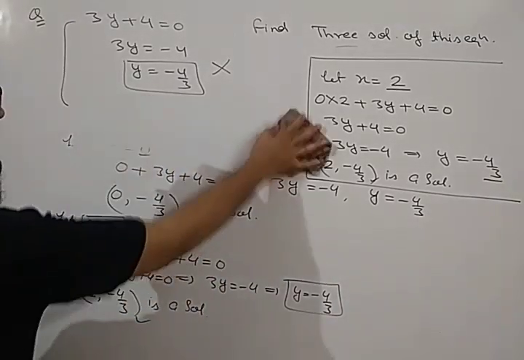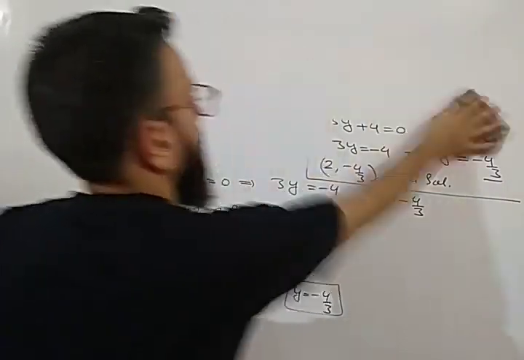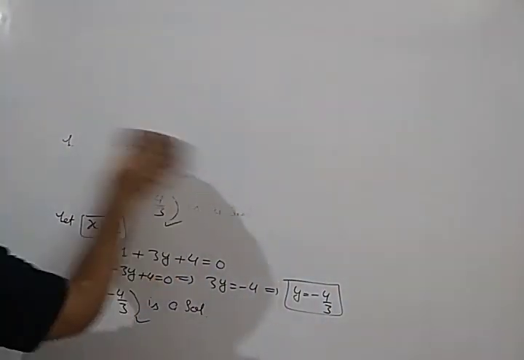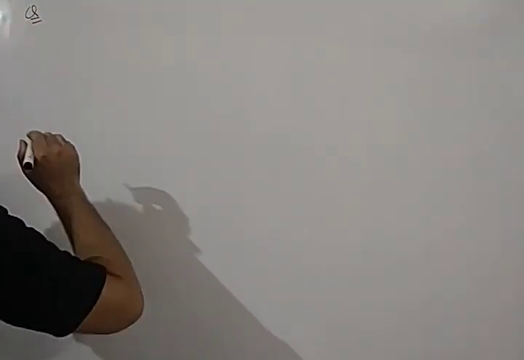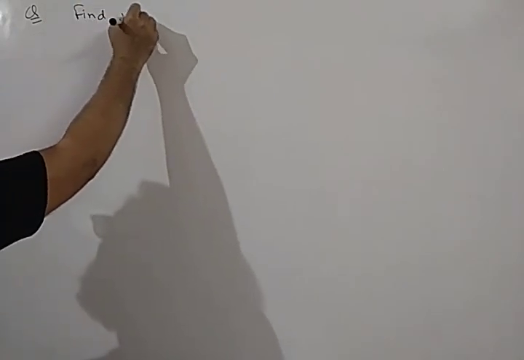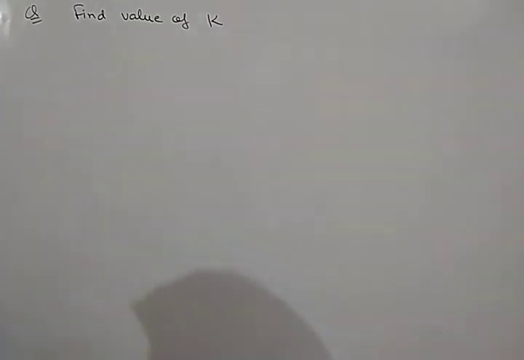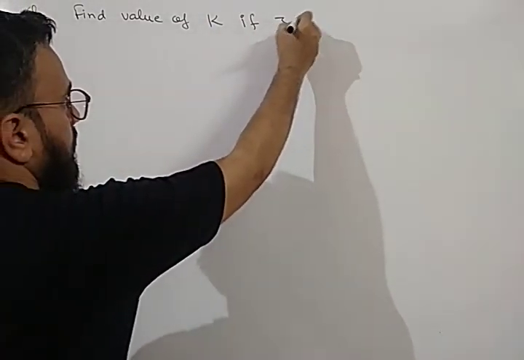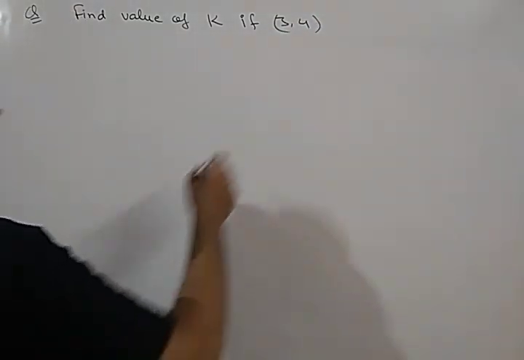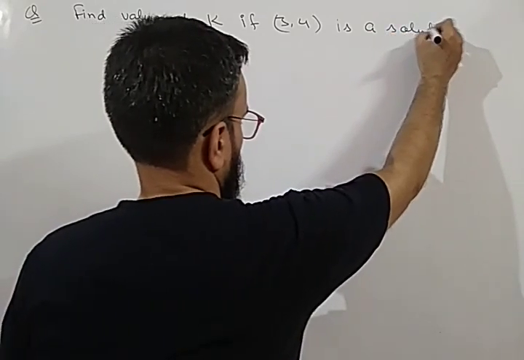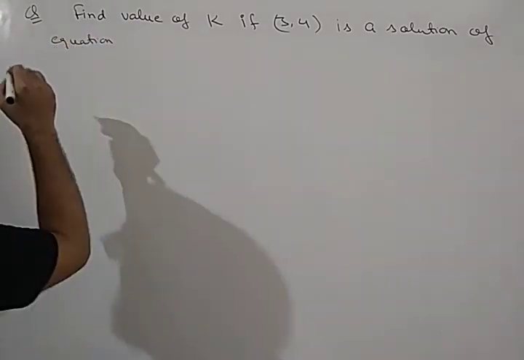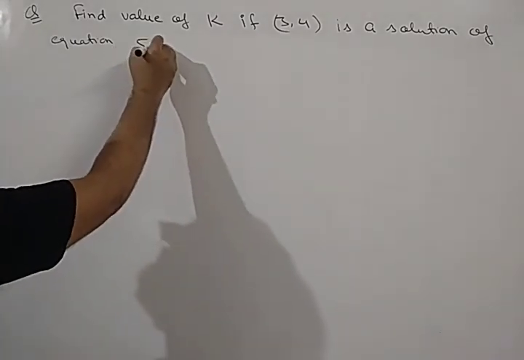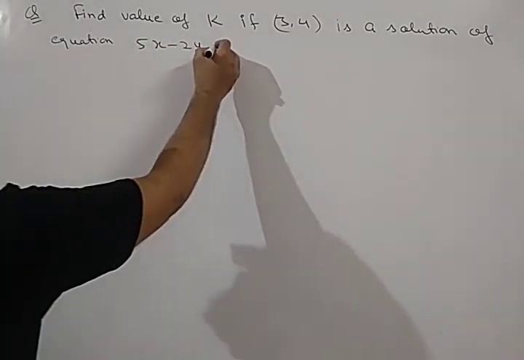Now let us solve one more question. Now the question is, find the value of k if 3, 4 is a solution of equation 5x minus 2y is equal to k.